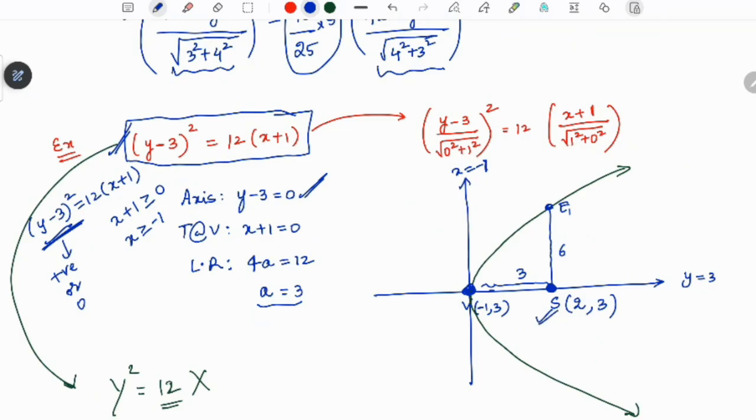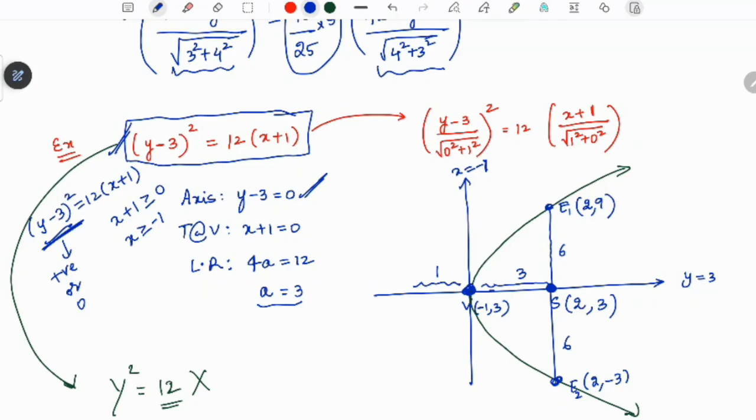Start with S, the focus. From there you are moving 6 units above. So it will be 2, moving 6 units above, right? 2, 9. Very good, very good. Okay, what would be the other end? Semi-latus rectum. This is 6 units. The other end E2 coordinates. 2, -3.